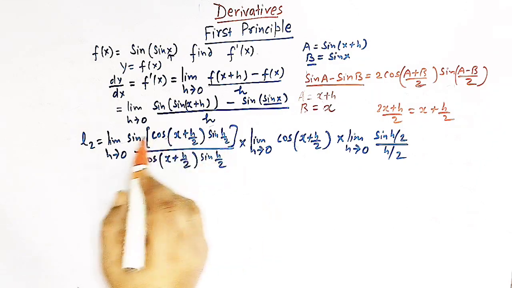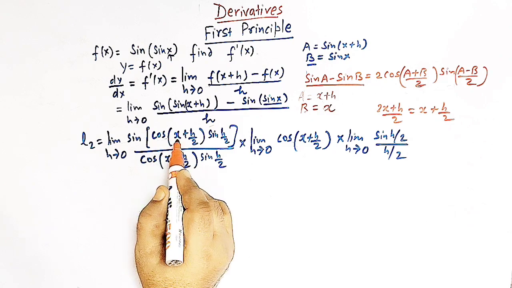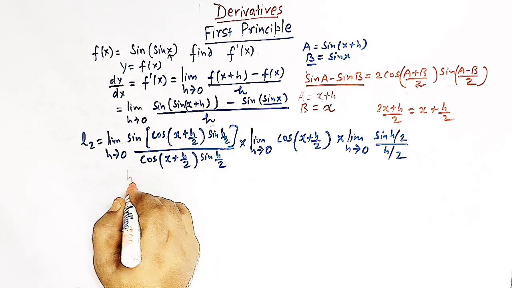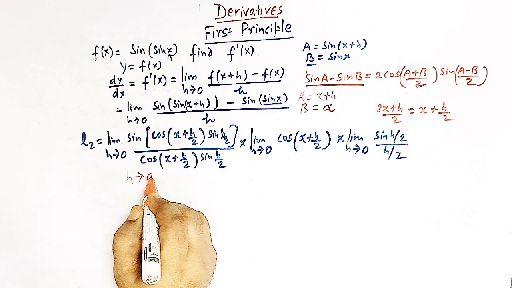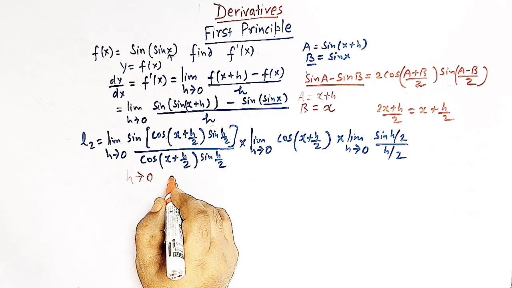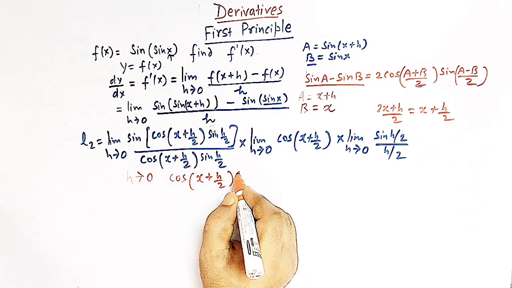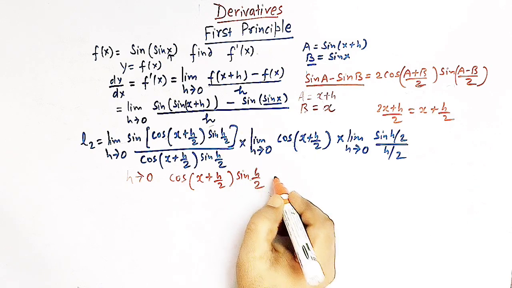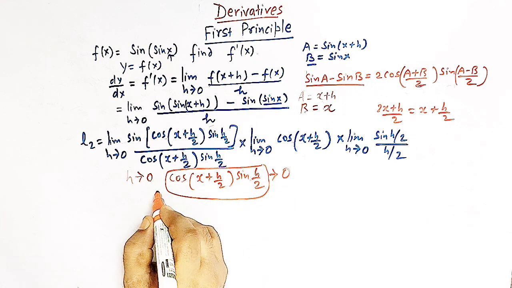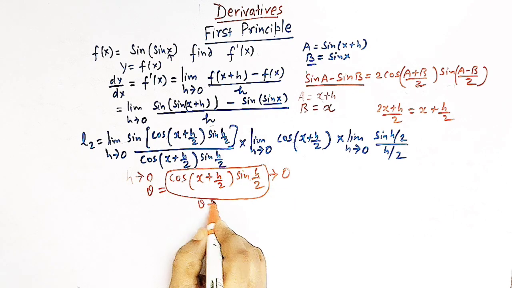Now see, here we have sine of this term over this term, right? That is cos x plus h over 2 sine h over 2. Now see, when h tends to 0, then this term, cos x plus h over 2 sine h over 2, also tends to 0. So if we take this term as say theta, then when h tends to 0, theta tends to 0.